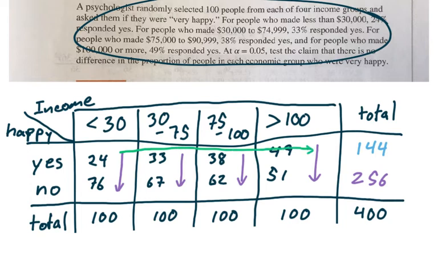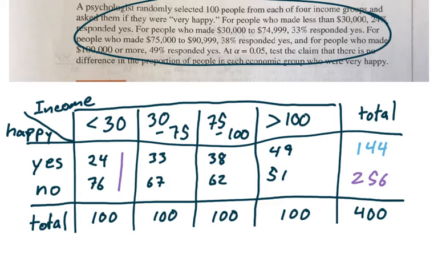So if I'm looking at this first value here, I'm going to take its column total times the row total and multiply those together, and then divide, of course, by the grand total. Okay, so we'll do that in each of these cases, and notice that the column totals are the same in all of these, for all of these expected values for the proportions.